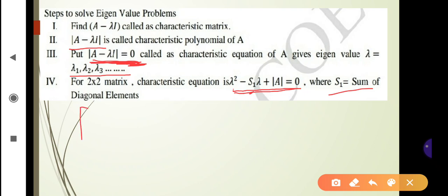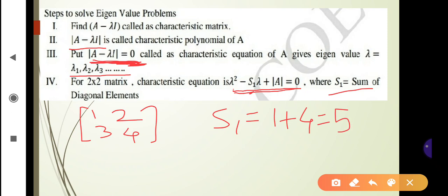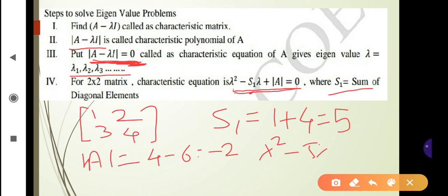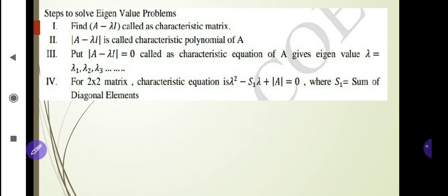If the matrix is 1, 2, 3, 4, then s1 is 1 plus 4, that is 5. The determinant is 4 minus 6, that is minus 2. So you get lambda square minus 5 lambda minus 2 equals 0. This is our characteristic equation. Solve it to get the two values of lambda.